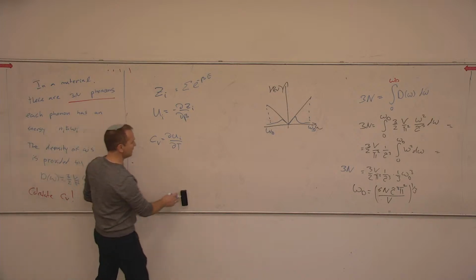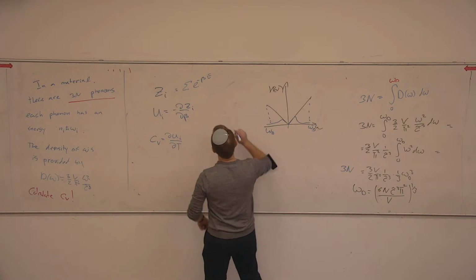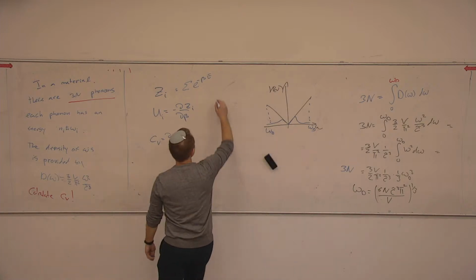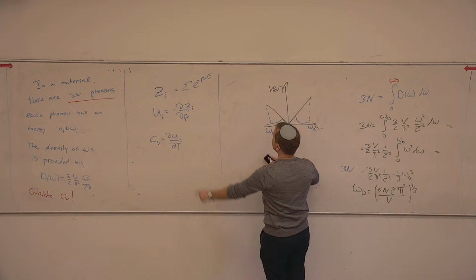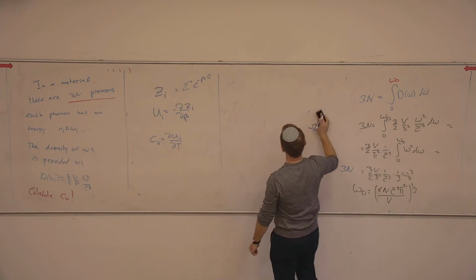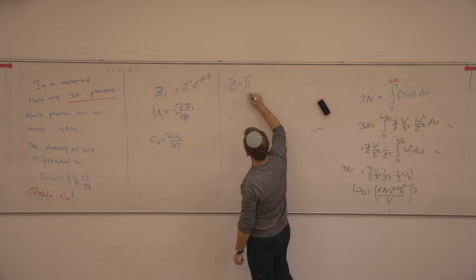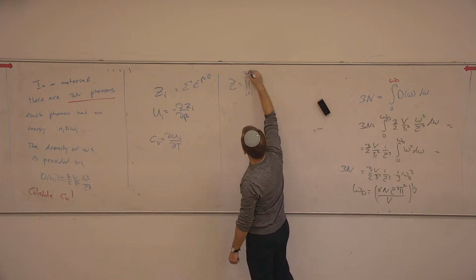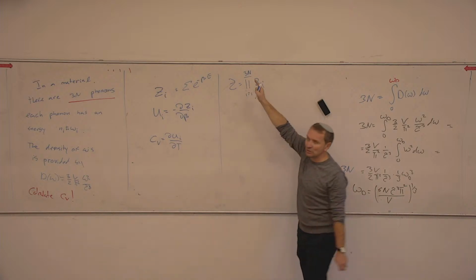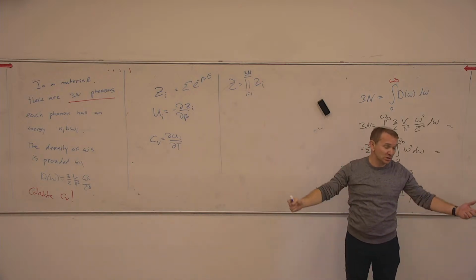So if we have independence, Z is going to be the multiplication, i from 1 to 3n, over Zi, because I have 3n independent particles, which I'll call phonons.